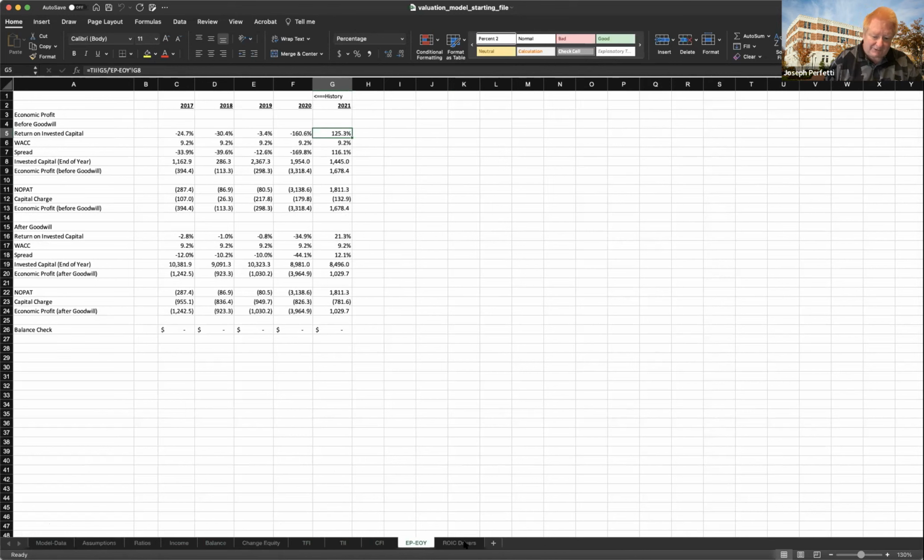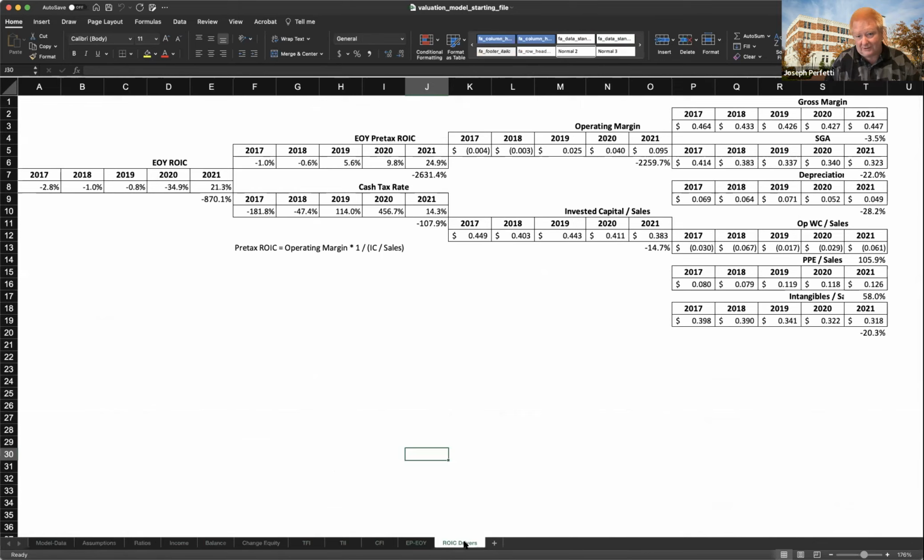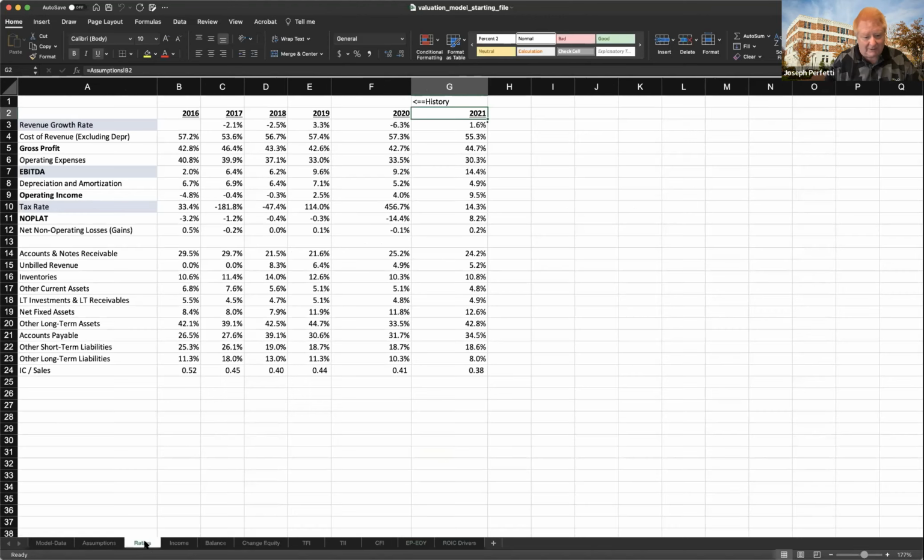The final tab over here on the right is called ROIC drivers. This is the tree. So the model will automatically build the tree for you for the last 5 years. So those are the historical data. Now over here on the left, there's a tab called ratios. Ratios are just that, historical income statement and balance sheet ratios.